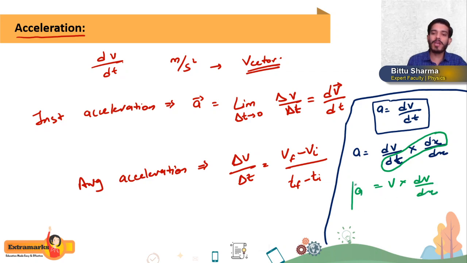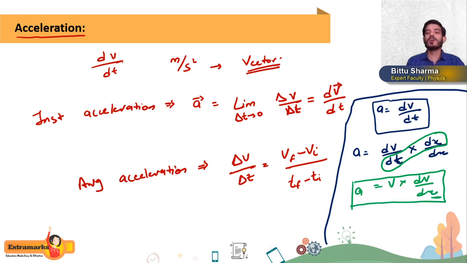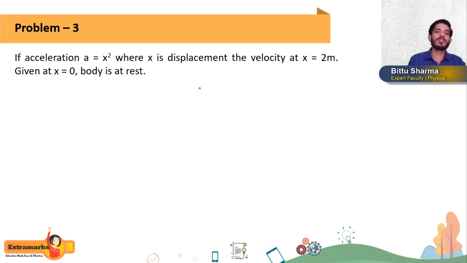So we have one more important formula of acceleration in terms of x. Getting or not? Whenever we have acceleration in terms of time, we will use dV by dt. But if we have acceleration in terms of x, meaning distance or displacement, then the acceleration formula is V into dV by dx. Okay, so now I'm moving to this question.